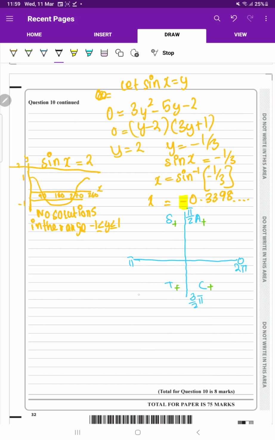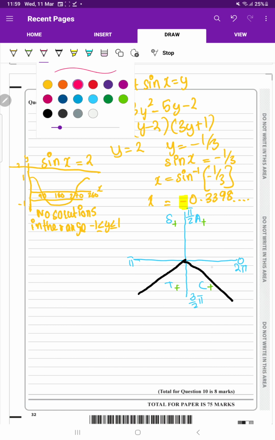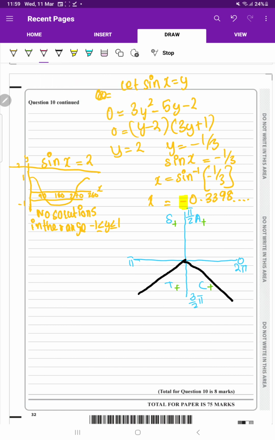Now I'm going to draw a line here, and we can label it. 0.3398 lies somewhere here.